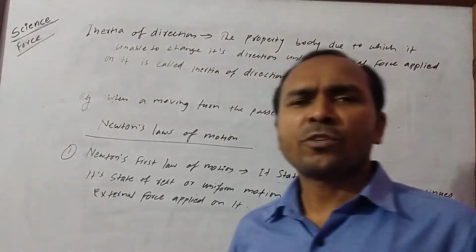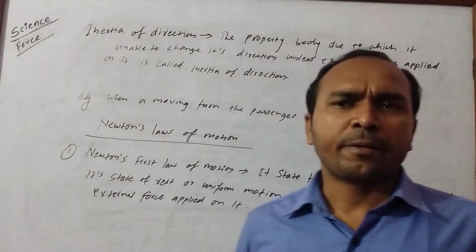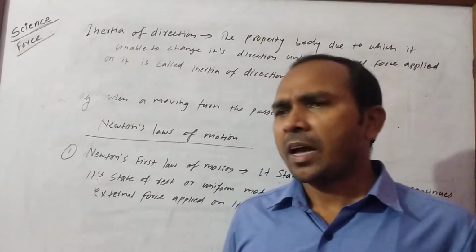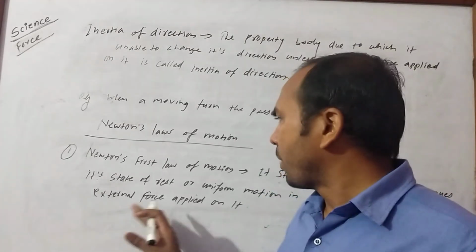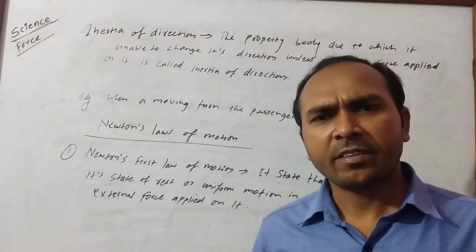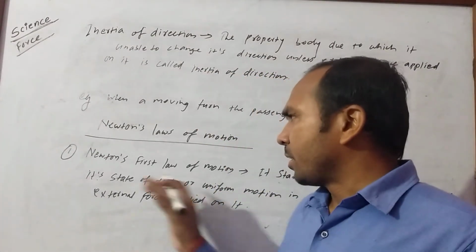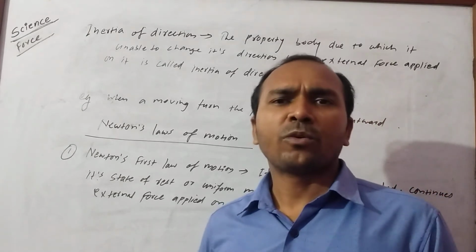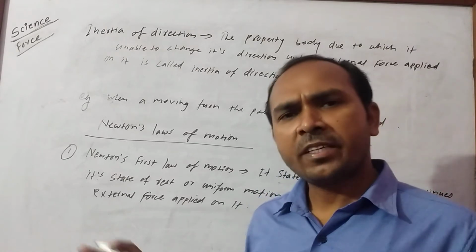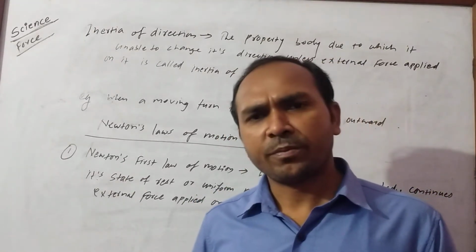There are various examples on the basis of this. Like when we shake the tree, then the mango falls. And this is due to what? Newton's first law. Because when we shake the mango tree, then its branch comes into motion, while the fruit tends to remain at a state of rest, but there is application of force, and so it falls down.